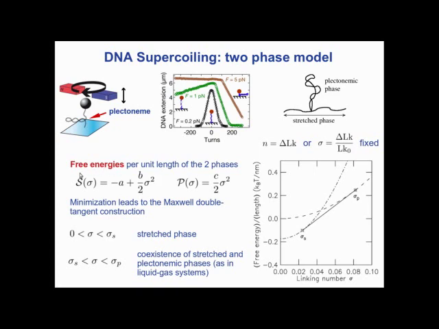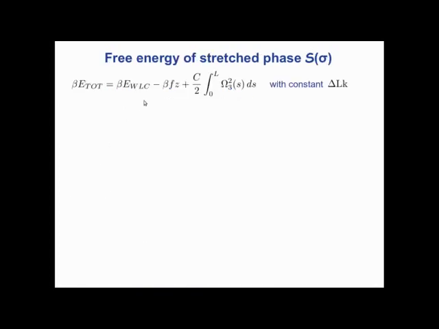Okay, now let's discuss the free energy of the straight phase. So what is a straight phase? What I'm describing here is that, for the straight phase, I'm taking the total energy as the contribution from the worm-like chain energy that we have seen, that contains all the bending terms and the stretching force, where small z is the end-to-end distance and F is the force, and we have the twist energy.